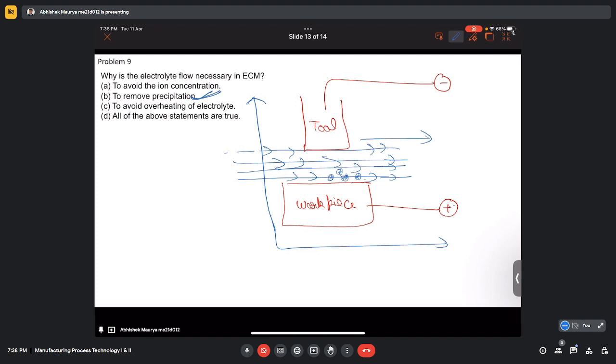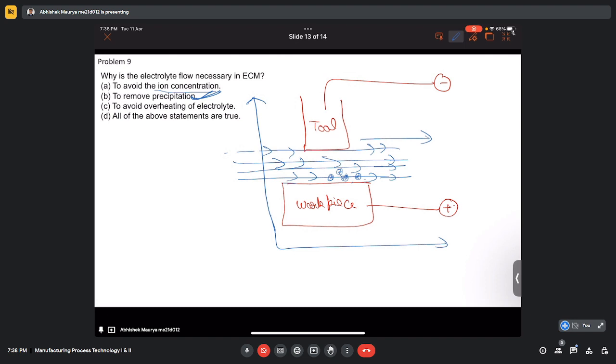The other task of this flow is to avoid any ion concentration, because if the ion concentration is not uniform, the material removal will not take place uniformly. Somewhere more material will be removed, and somewhere less material will be removed.